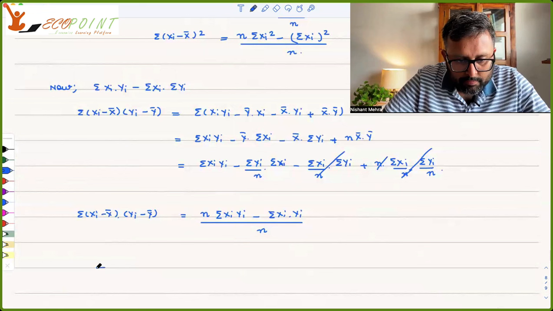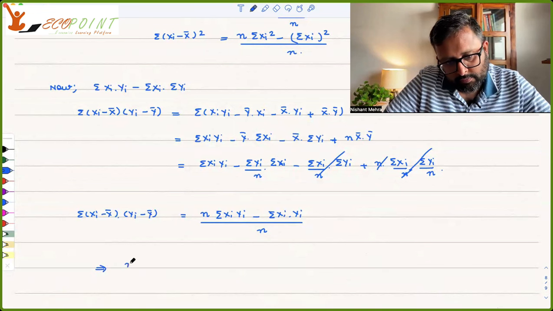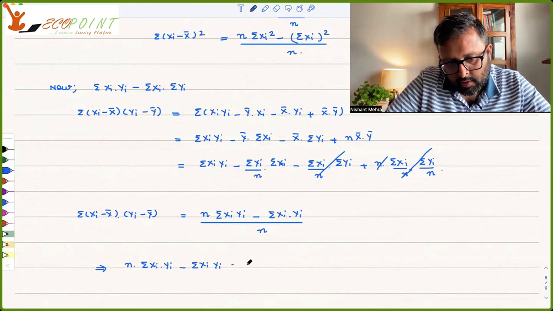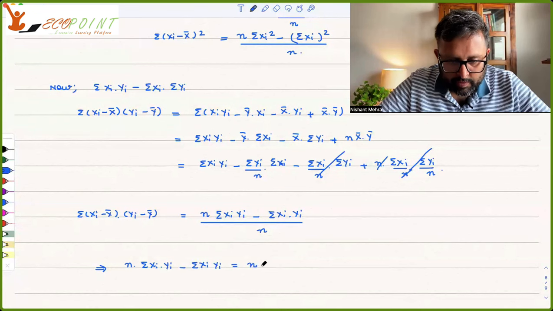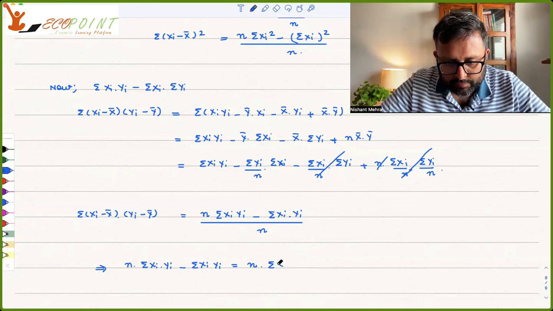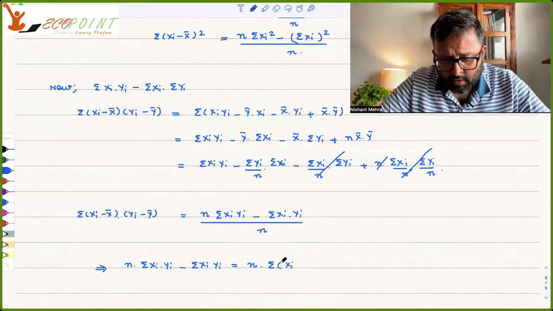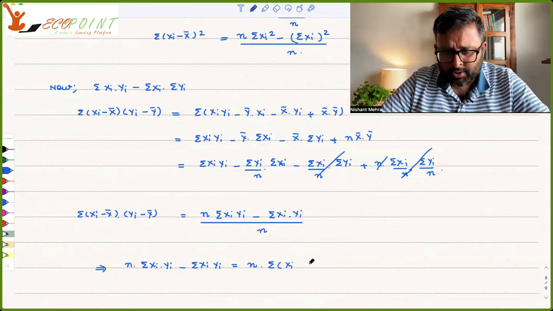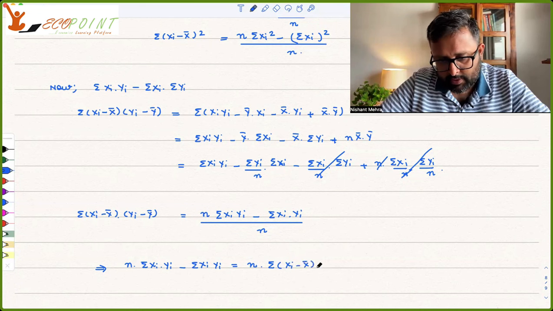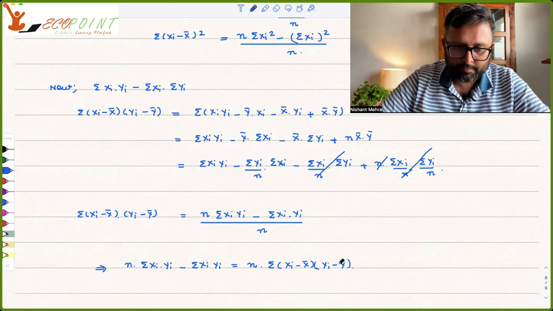And you will get n summation of xi minus x bar, yi minus y bar.